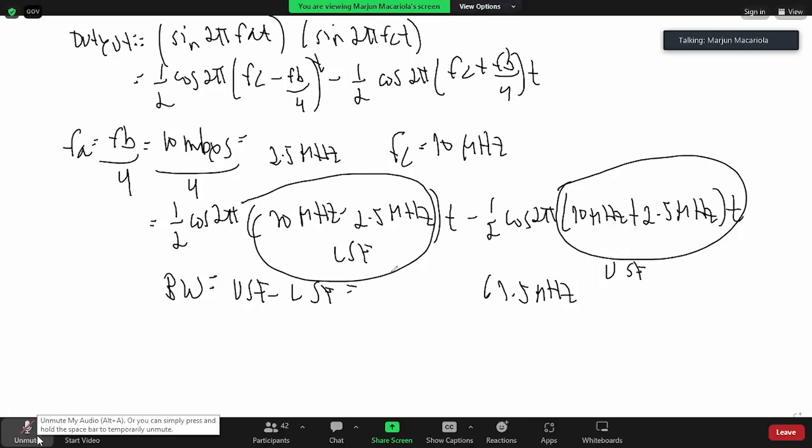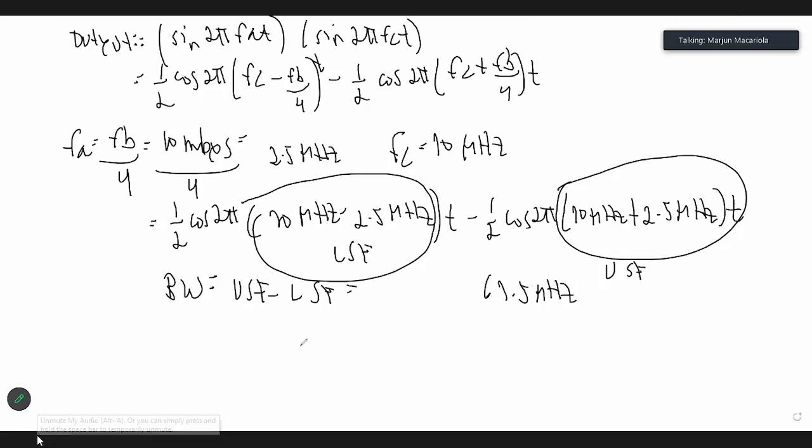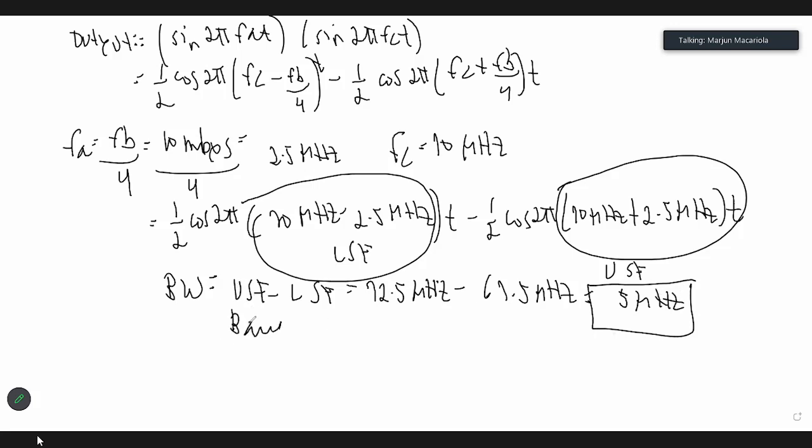Okay? So this one is 67.5 and the other one is 72.5 megahertz. So getting the difference between the USF and the LSF gives you 5 megahertz. So that is your bandwidth. And also, if you are asked to find the baud, it is equal to 5 mega baud.